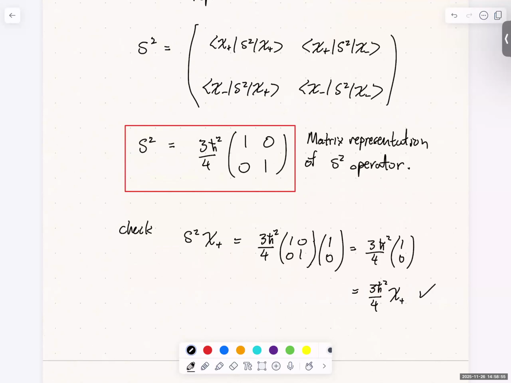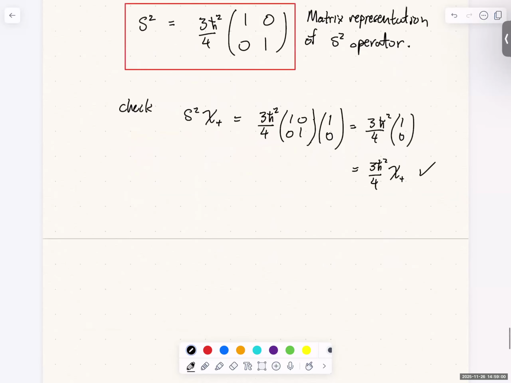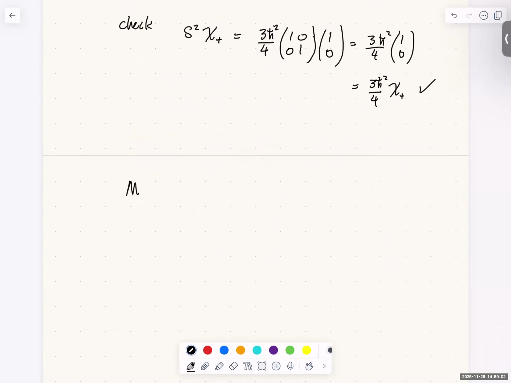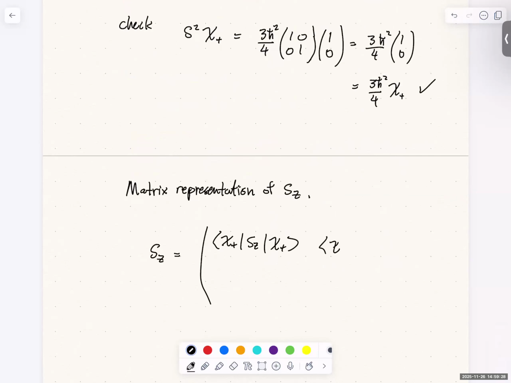Okay, so we could do the same thing for our Sz matrix. So the matrix representation of Sz. Well, we'll just write it out. There's nothing like writing out the details to make things clear.